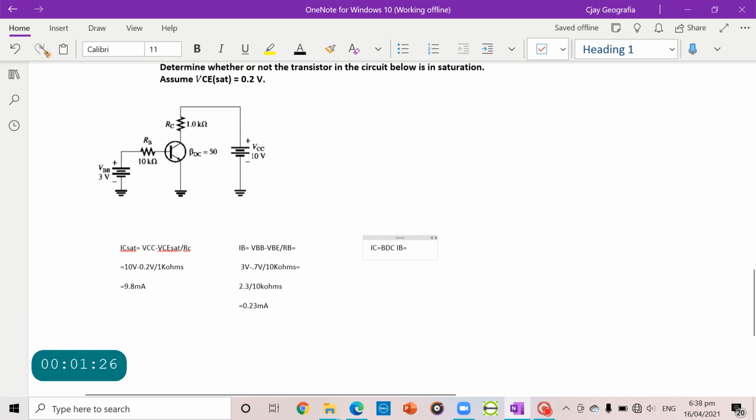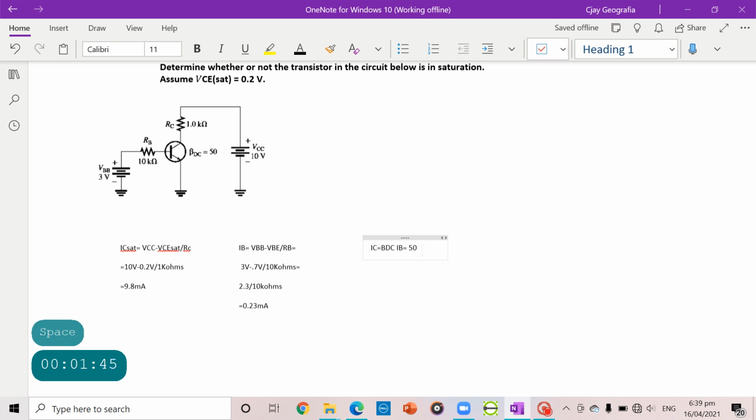And now see if IB is large enough to produce IC sat. So okay, let us find the IC. IC is equal to beta DC times IB. So input the given values.